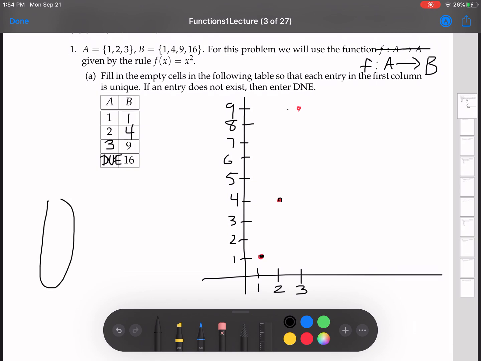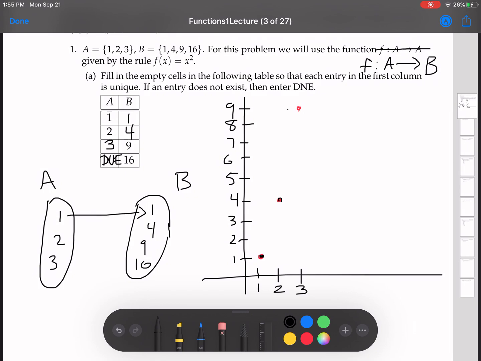The way you would look at this with the bubble diagrams, like you did in the Xi book, you've got 1, 2, 3, and 1, 4, 9, 16. You've got that, that, and that. That's it.